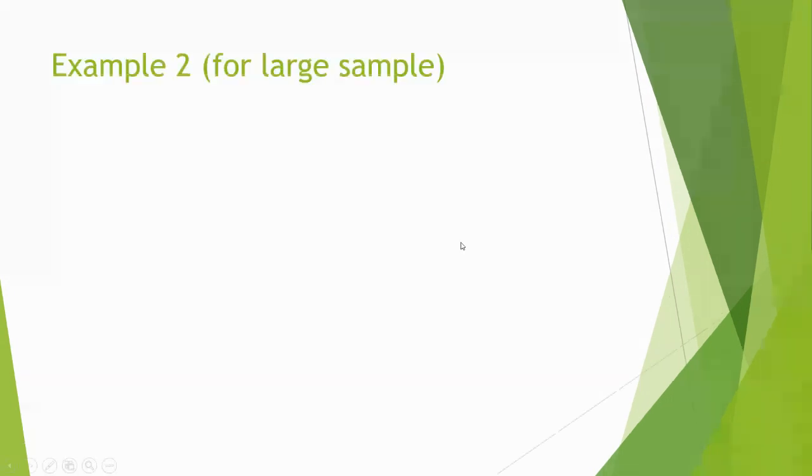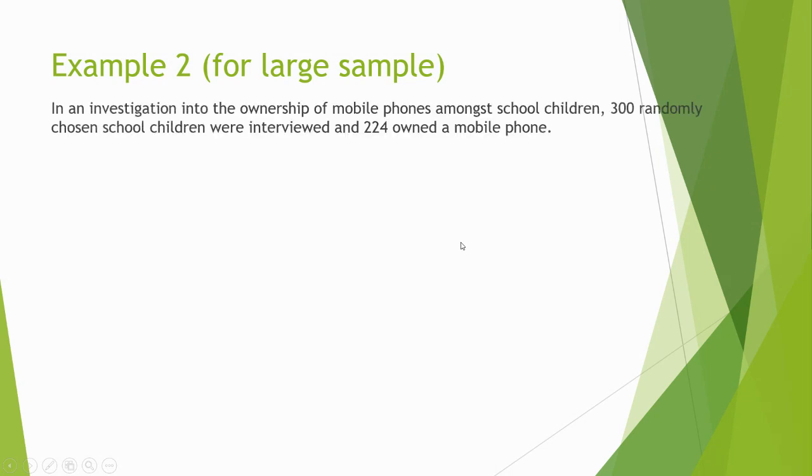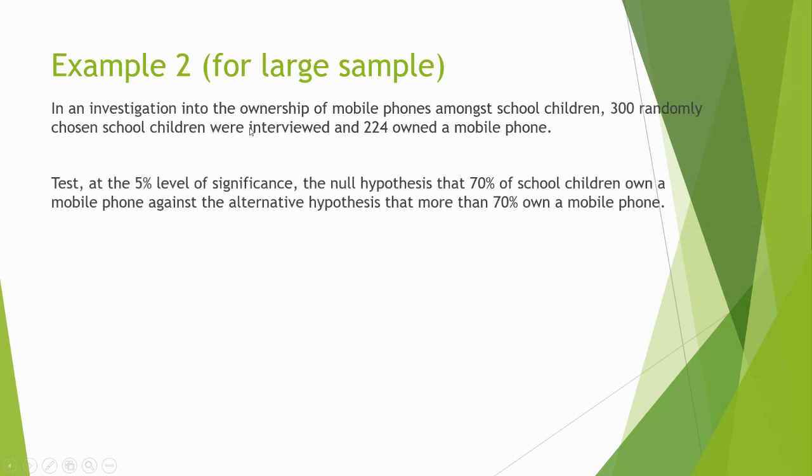Okay, let's look at the example here. In an investigation into the ownership of mobile phones among school children, 300 randomly chosen school children were interviewed and 224 own a mobile phone. The level of significance is 5%. So H0 is p equals 0.7, and then your H1 is p greater than 0.7.